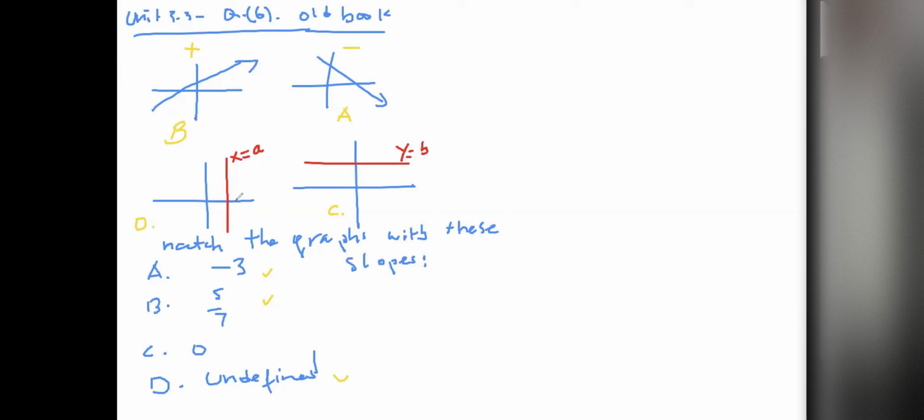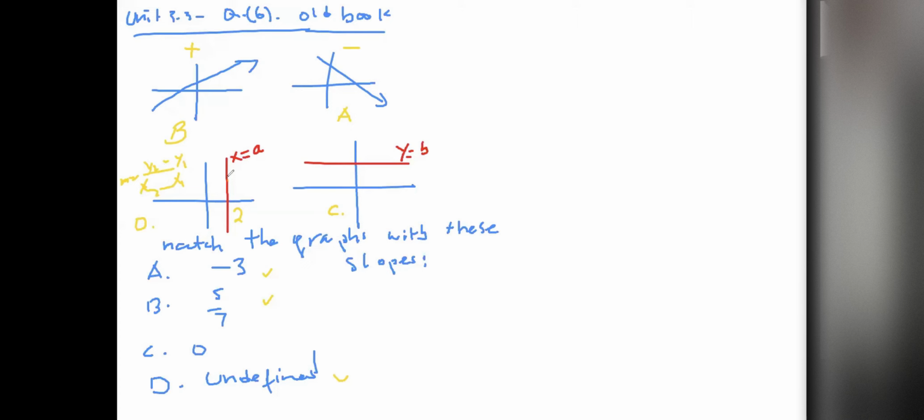And when the line is vertical, the slope is undefined. It doesn't exist, or it's basically undefined. It's not 0, it's undefined. The reason why it's undefined is because the slope formula has x minus x in the denominator. And for this line, the x is the same. For example, if x here is 2, when you do the slope formula, y2 minus y1 over x2 minus x1, we need 2 points.